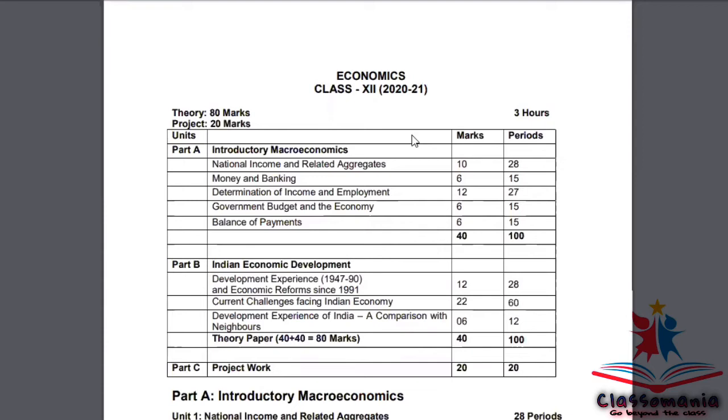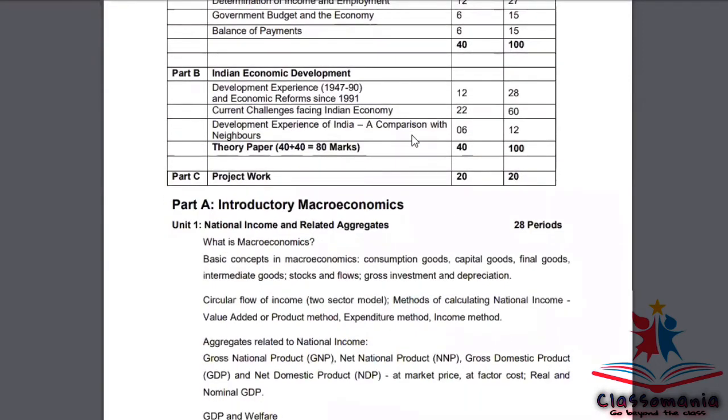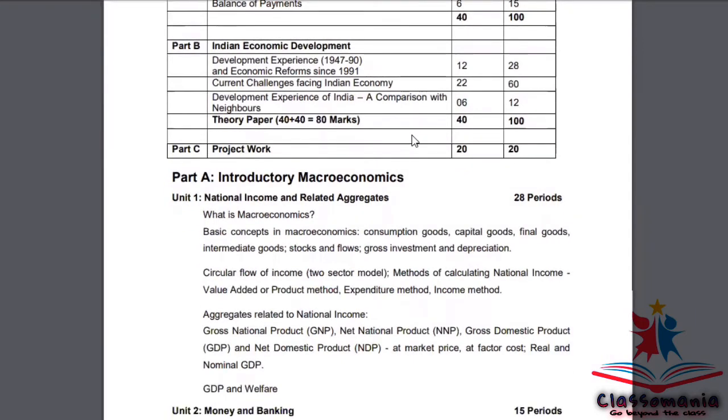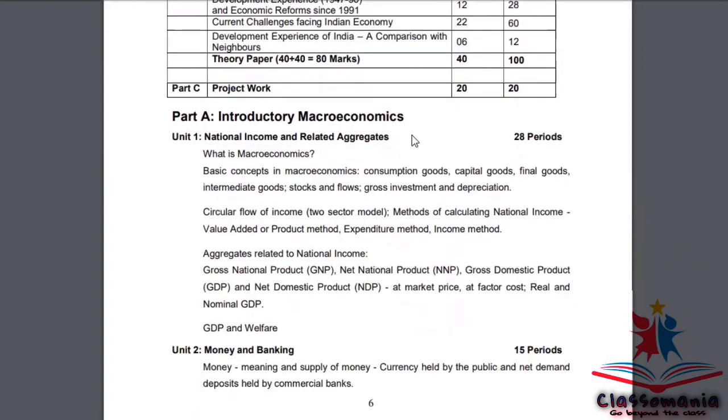As we move towards introductory macroeconomics, the topics which have been deleted are as follows. In unit 1, national income and related aggregates, nothing has been deleted from this unit. Everything is coming as it is in the annual board examination.